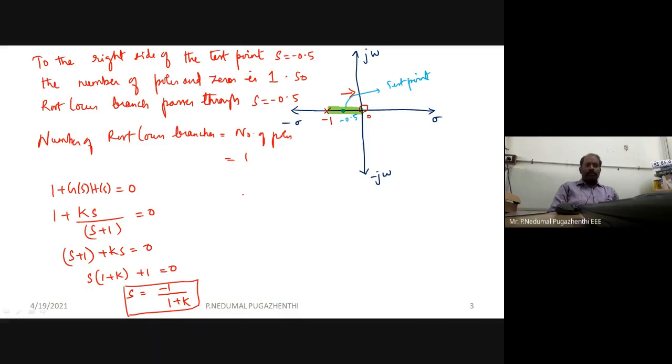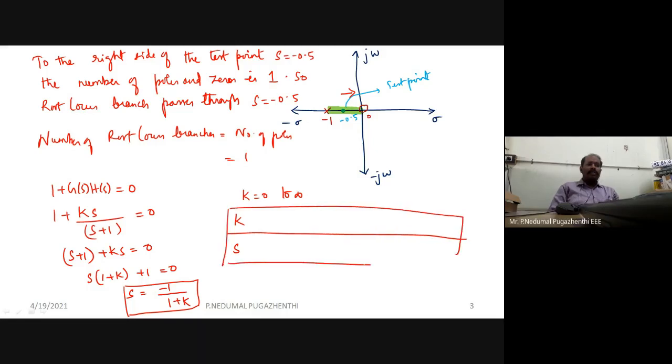So actually, what is a root locus? If I vary my K from 0 to infinity, how my root is going to vary? Only one pole is going to be there. So how my root locus is going to look like is based on the path taken by this root. So I will try to put a tabular column.